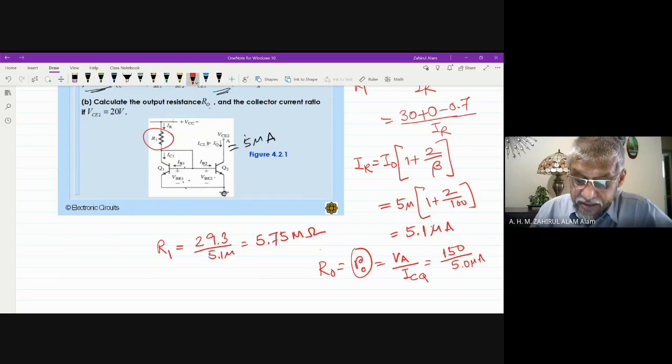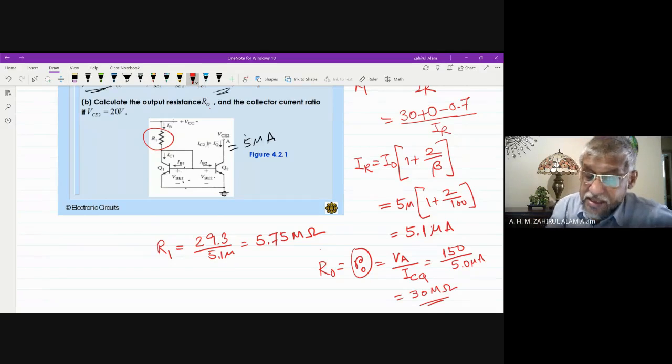So the output resistance is equal to 30 mega ohm.